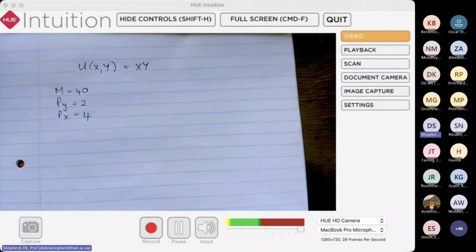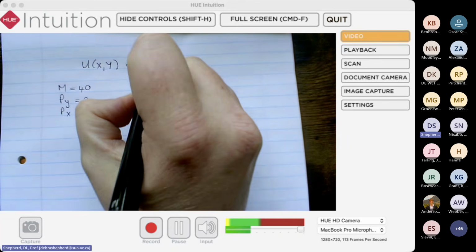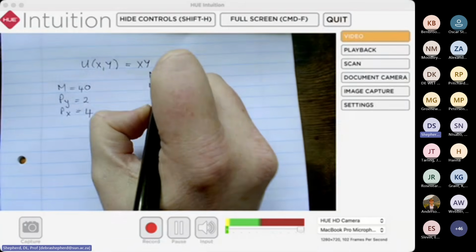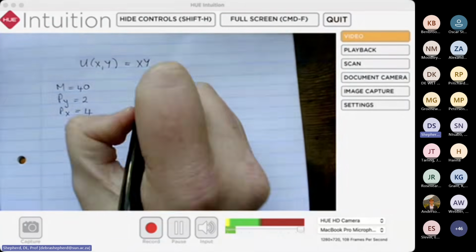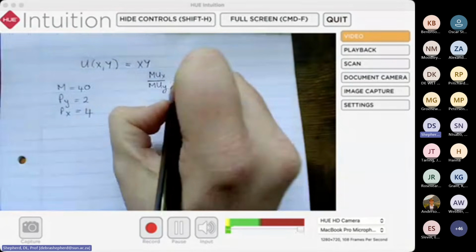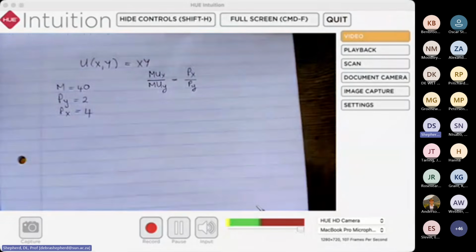And then the question starts by asking, what is her initial best affordable bundle given the preferences, income, and the prices of these two goods? So we're basically just going to repeat what we just did. We need to find MUX, and we need to find MUY. And once we find both of those, we're going to equate the ratio of those two to the price of X over the price of Y.